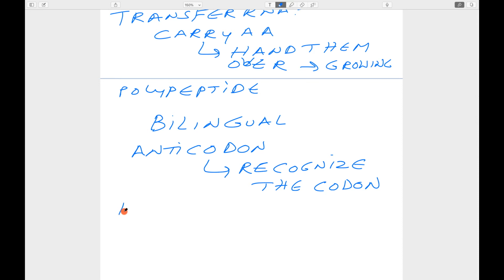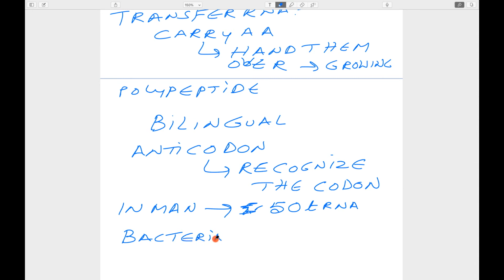In man, there are approximately 50 transfer RNAs, whereas in bacteria there are approximately 40 transfer RNAs. Okay, so this is about the transfer RNA.